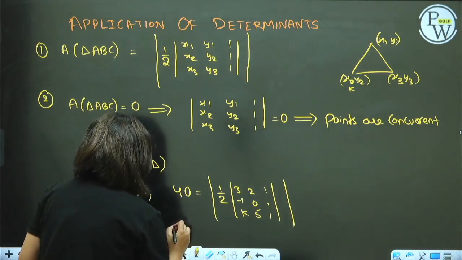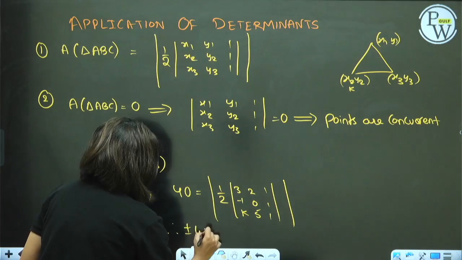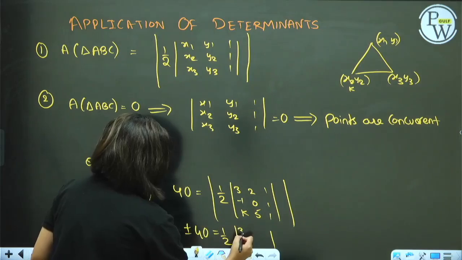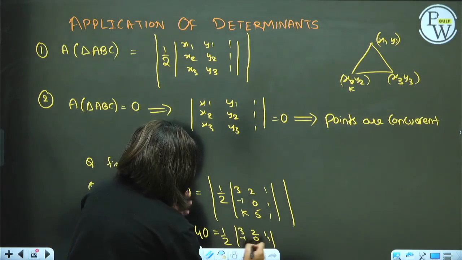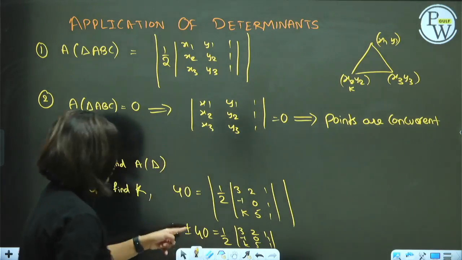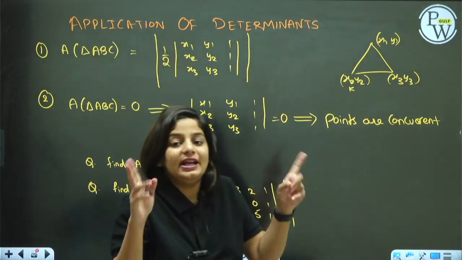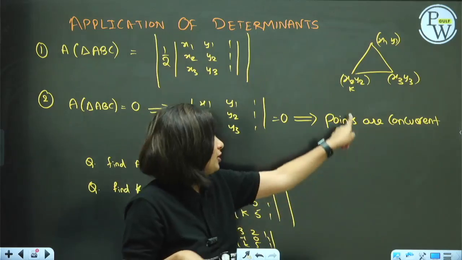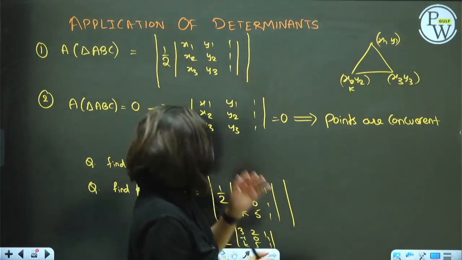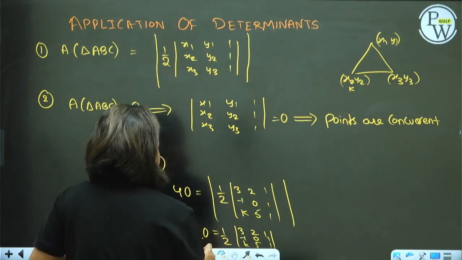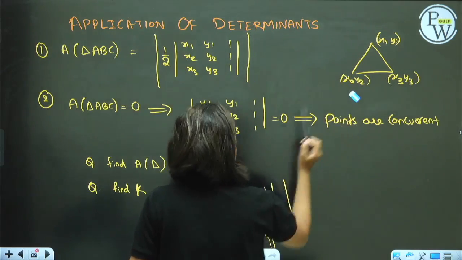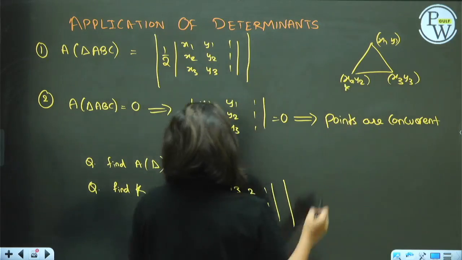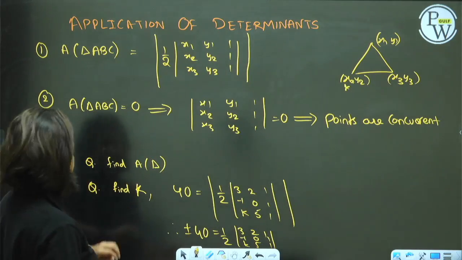To remove the mod means to put plus minus 40 equal to half of the given determinant. Taking 2 to the other side and then solving, you will get two possible values of k. You will always get two values for an unknown coordinate. Are you able to understand the two types of questions we expect on this?